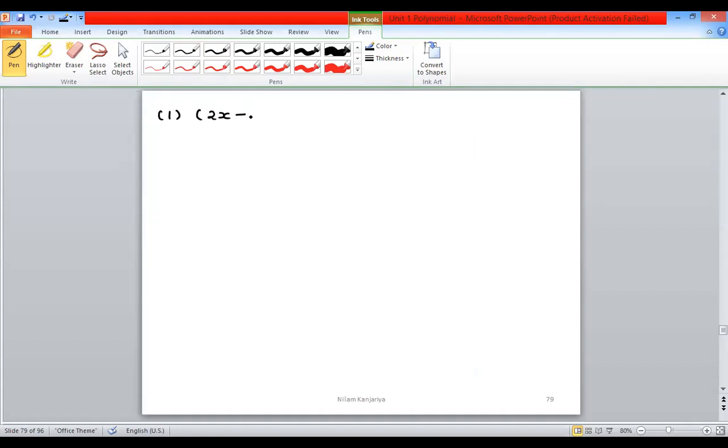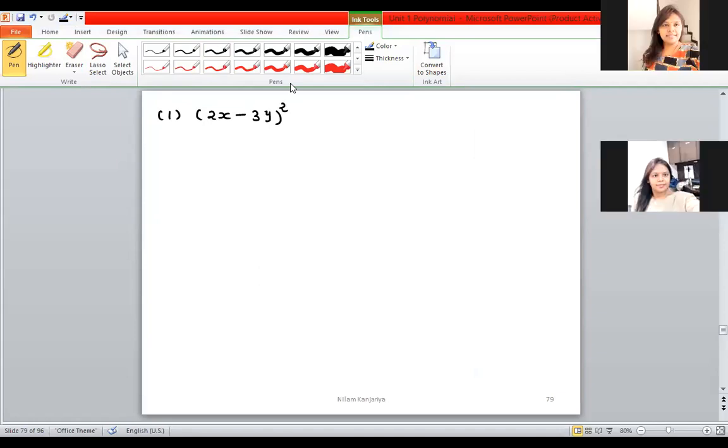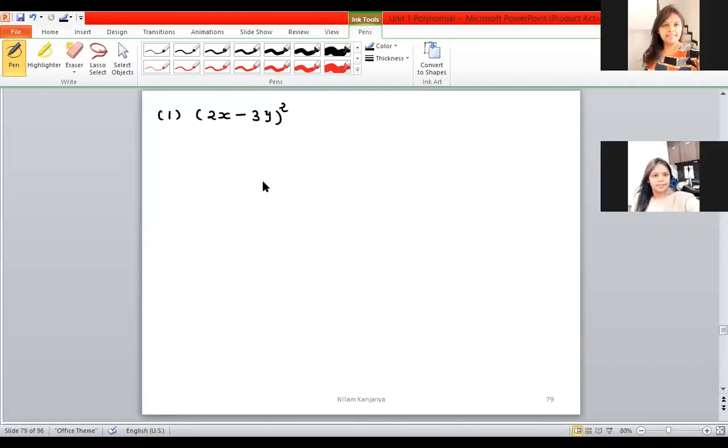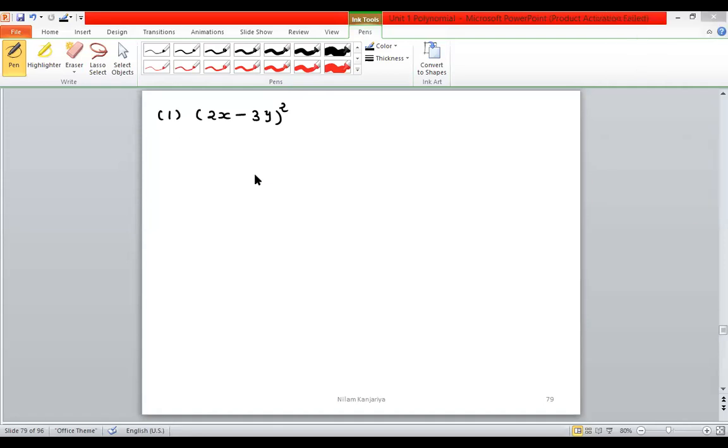2x minus 3y whole square. So who will try? Who knows the identities? Which identity is used here? a minus b square.